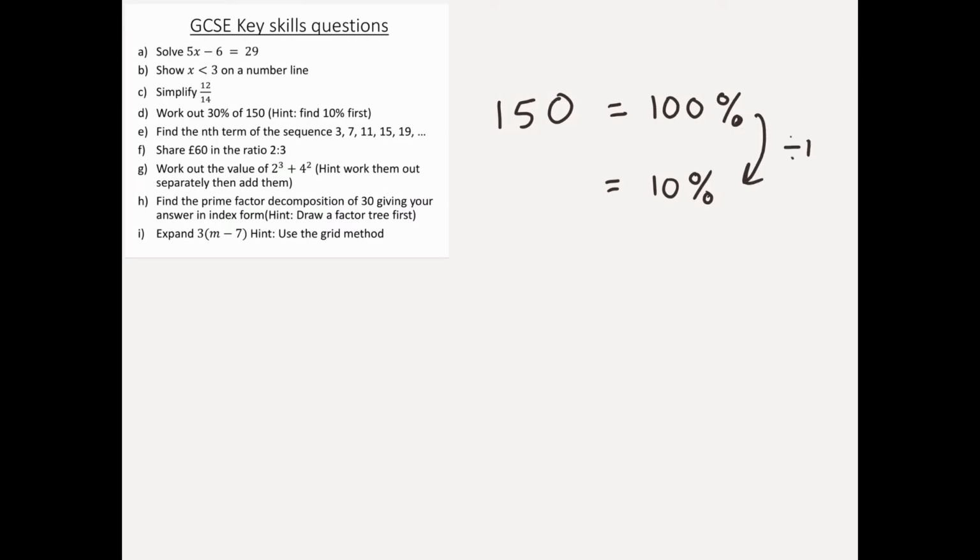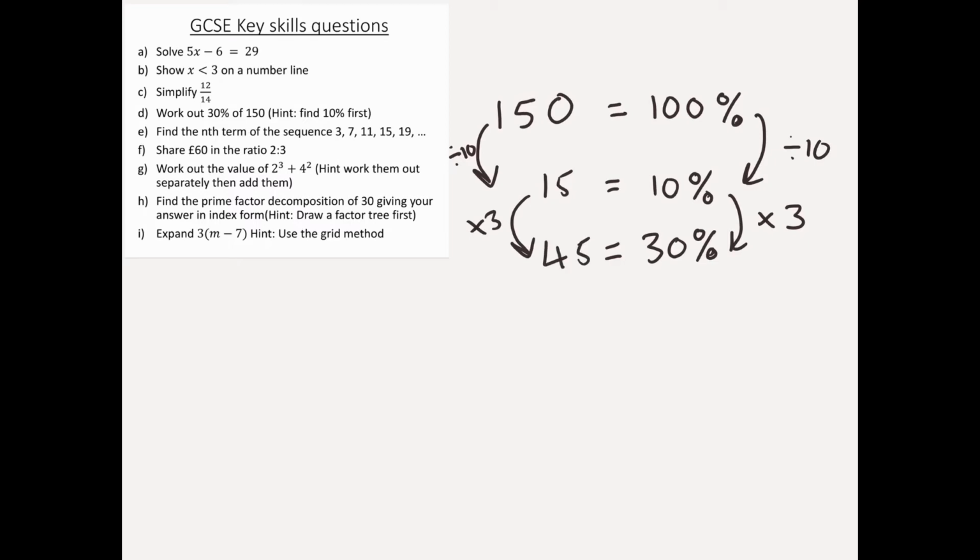We divide by 10. Do the same to both sides, so we divide that by 10 also, and we get 15. So 15 is 10%. Well, how do we get from 10% to 30%? We times both sides by 3. 15 times 3 then is 45.